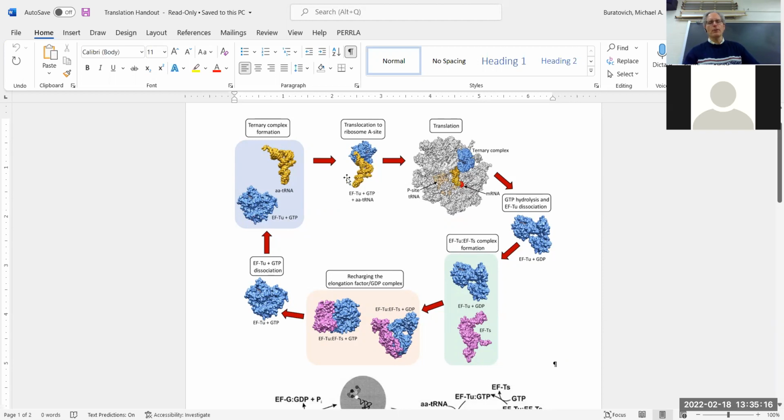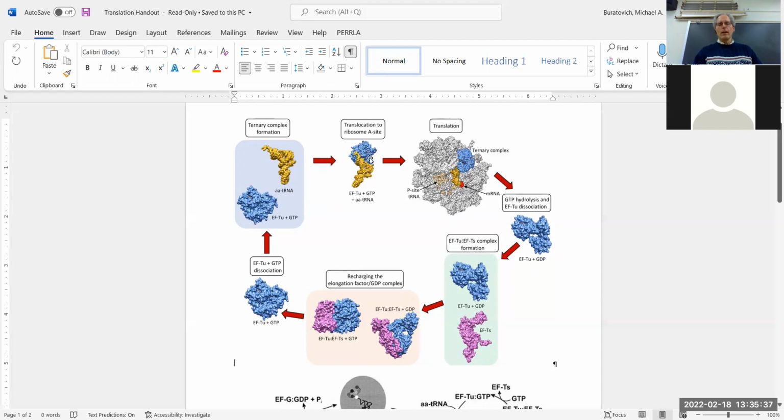It will bind to the ribosome if the anticodon of this tRNA that is carrying the proper amino acid hybridizes properly with the codon presented at the A site.